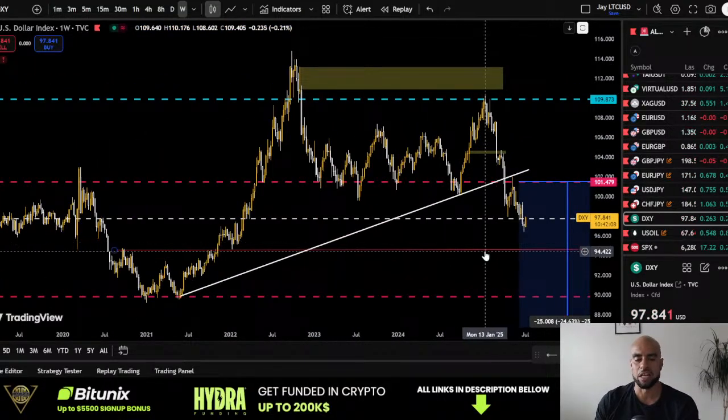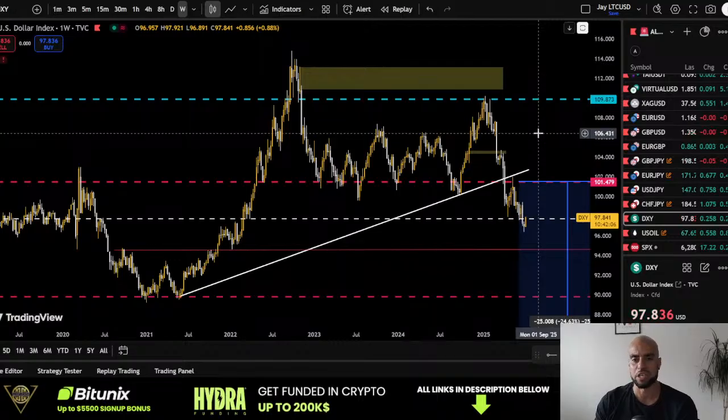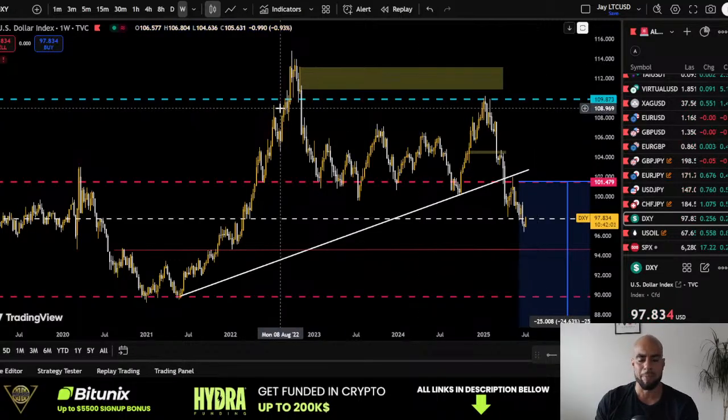I think that is why they're pushing so hard for stablecoin legislation in the United States, because stablecoins are backed by US government bonds.